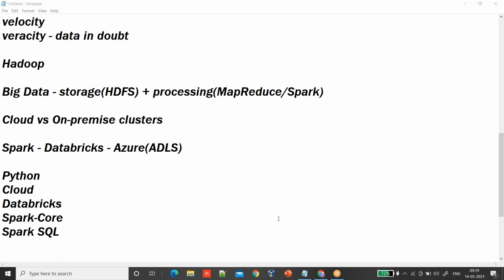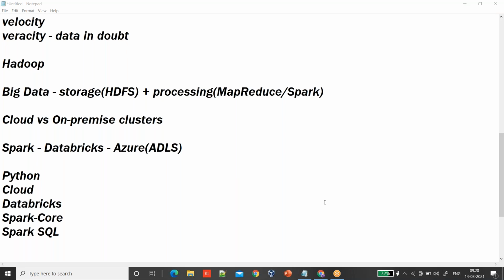Is Databricks specific to Azure, or can we use Databricks on Amazon AWS also? You can use Amazon also. You can use it on GCP as well now. Uma, if you remember when we started your course, GCP didn't support Databricks back then.